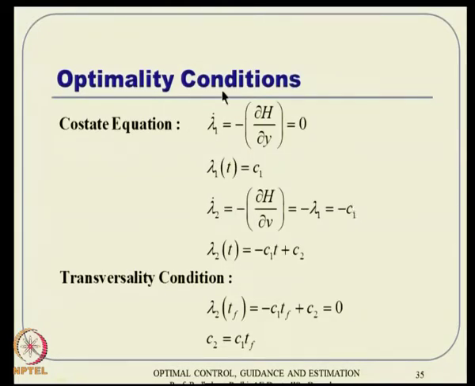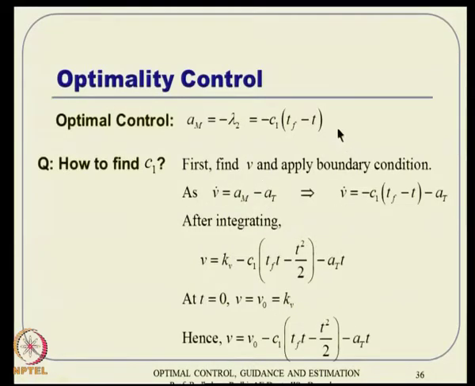Now, with the same philosophy, we start with lambda 1 dot, lambda 2 dot, solve it, and lambda 2 will turn out to be like that. Again, you put in the transversality equation, and you get the same constant. And then AM is nothing but that, but the value of C1 will be different here compared to what we had before, because the boundary condition is different.